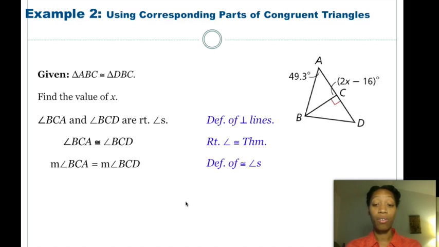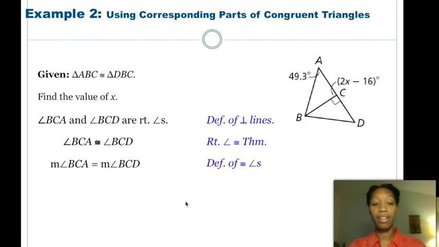Okay, now, since I know that they are equal to each other, I can say that the measure of one angle is equal to the measure of the other one. This is an important step because it allows me to now put in what is the measure of angle BCA and what is the measure of angle BCD. If I look up on the picture, I can see that angle BCD is the one that has the 90 marked in it, and angle BCA is the one that's marked 2x minus 16.